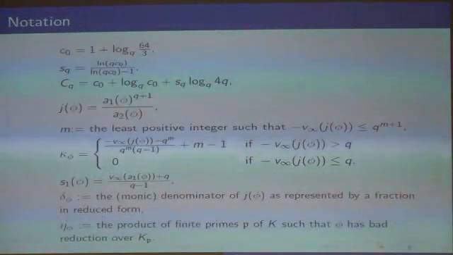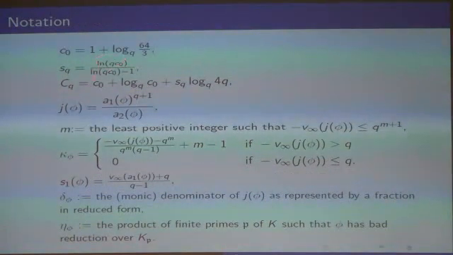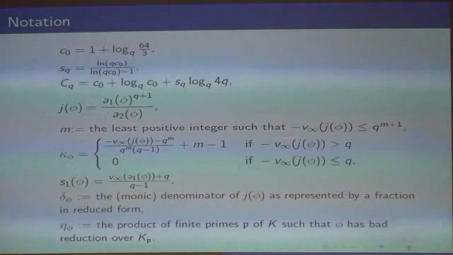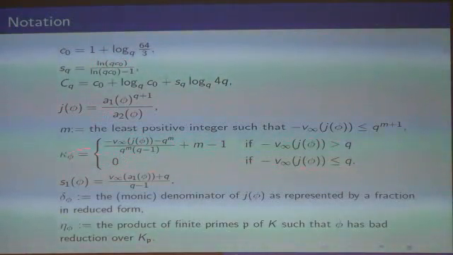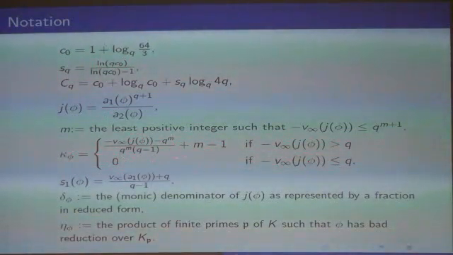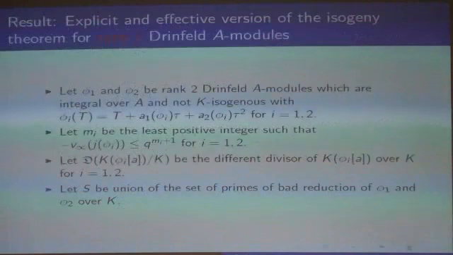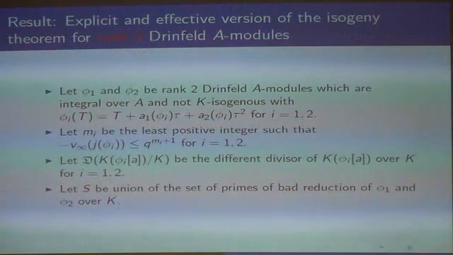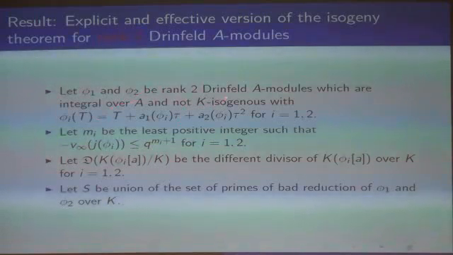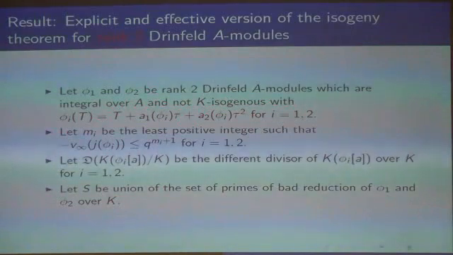Okay, so this is the notation. All the notation is given already before. Kappa phi is also very explicit depending on your J invariant value. Okay, so this is the result for the rank 2 case, the explicit version of the isogeny theorem. Phi 1 and phi 2 are rank 2 Drinfeld A-modules which are integral, but they are not K-isogenous.